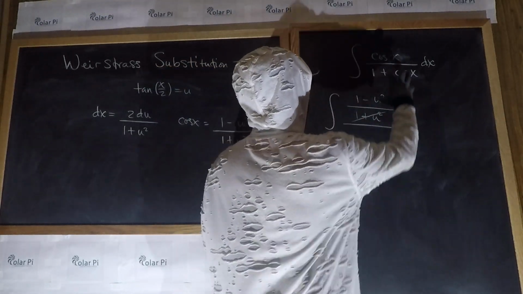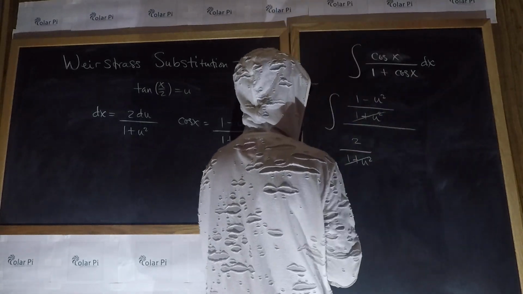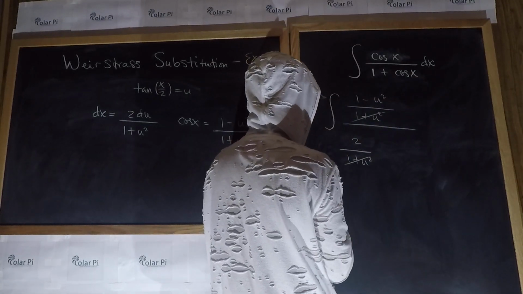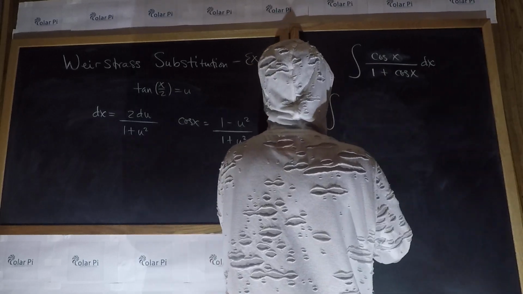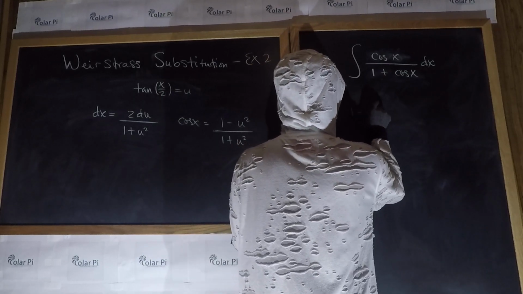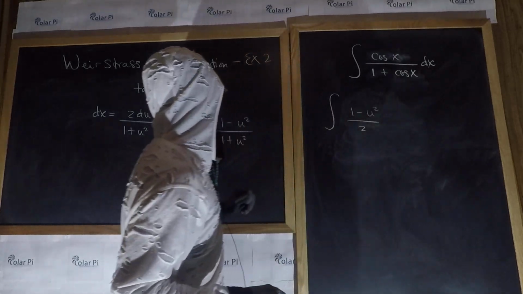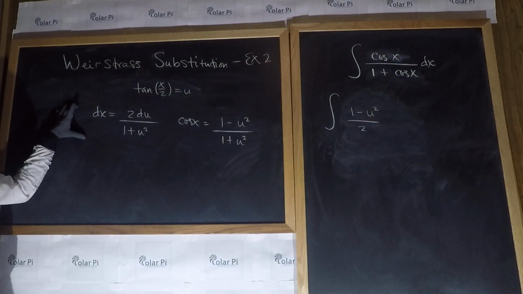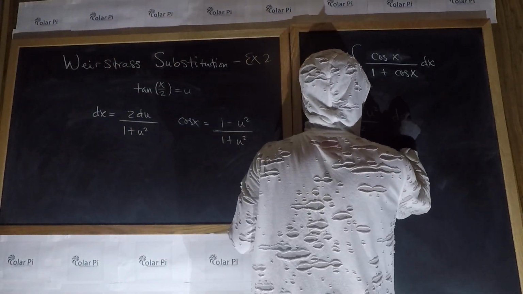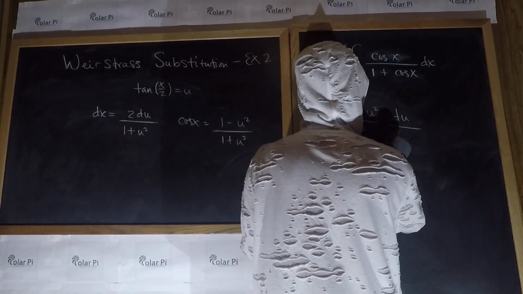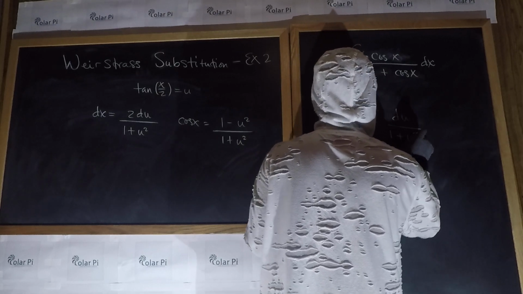So this whole quotient, other than the dx, turns to 1 minus u squared over 2. And then of course dx, we said right here, is 2 du over 1 plus u squared.